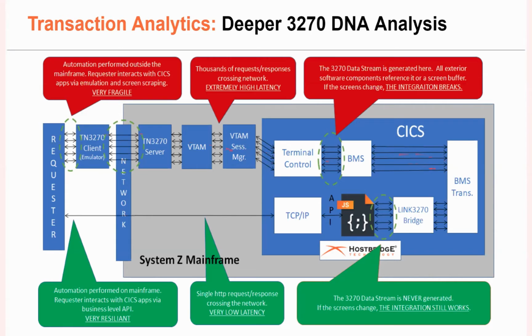Everyone on this call is a HostBridge customer. You are probably familiar with HBJS, and so you are well acquainted with why all of this is inherently a bad idea and why doing that automation on the mainframe is far more cost effective and far more performant.